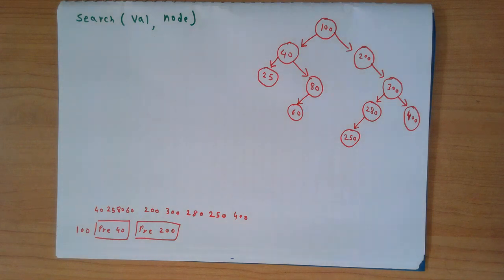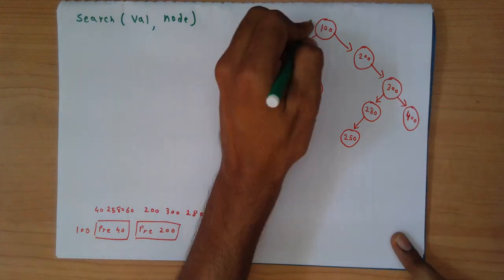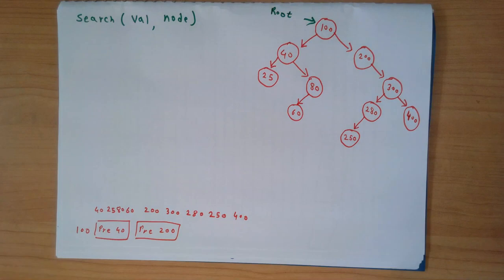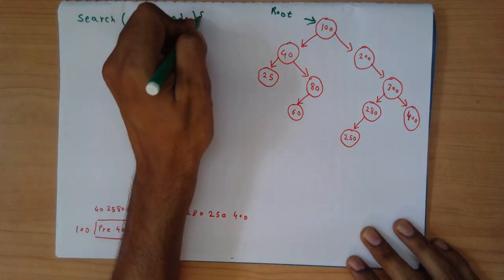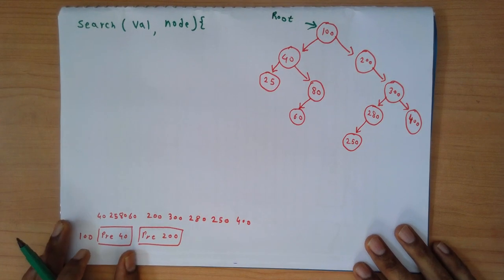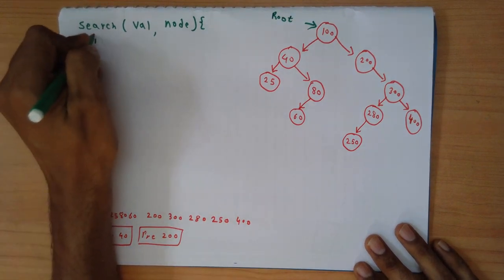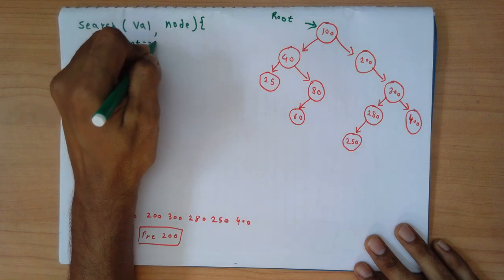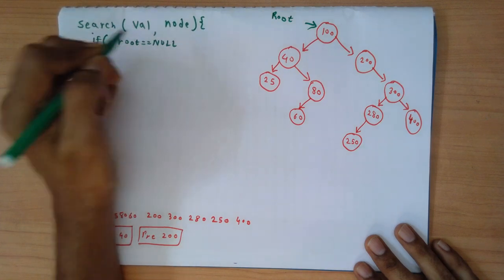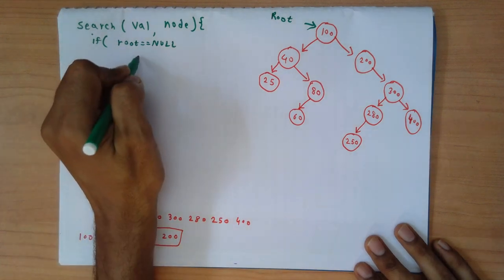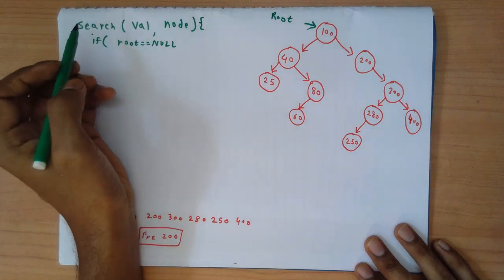So what we will do is we'll start searching from the root. This is our root, and let's write down the logic for searching. First thing I have to consider is, what if my tree is empty? If my root is null, in that case, I will simply return the node.